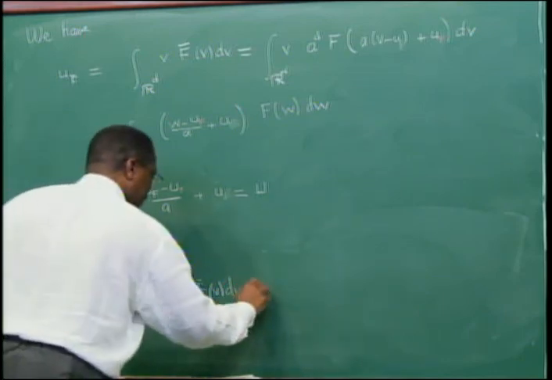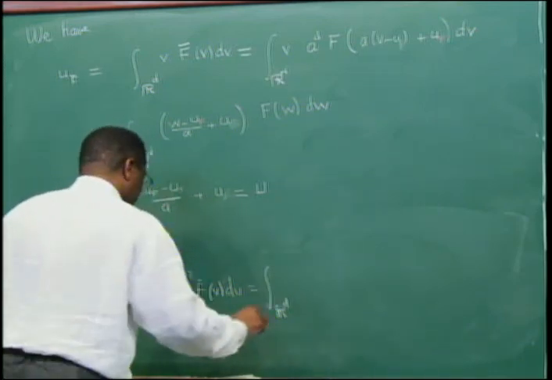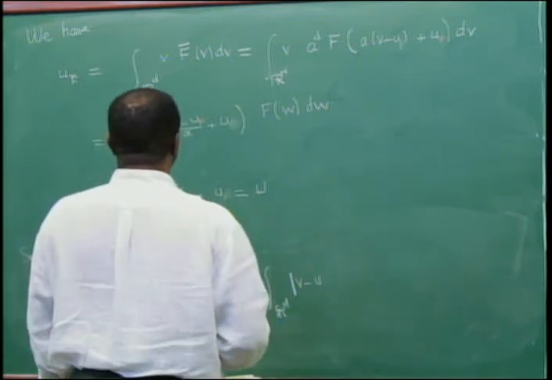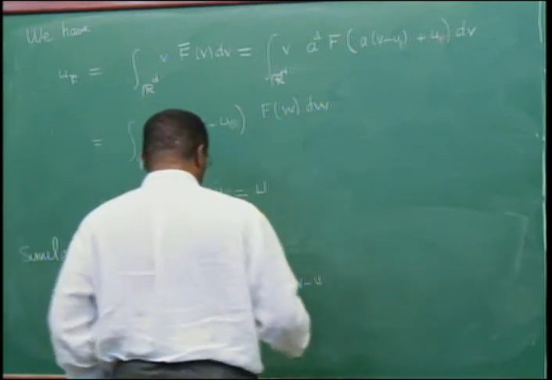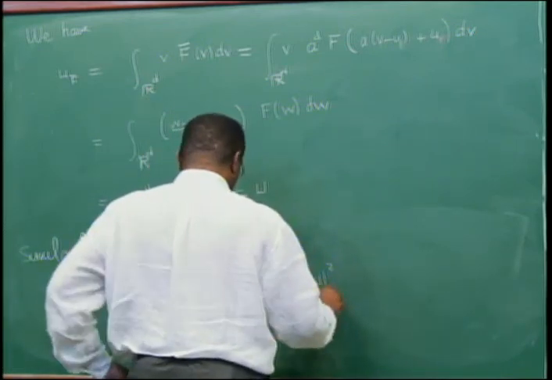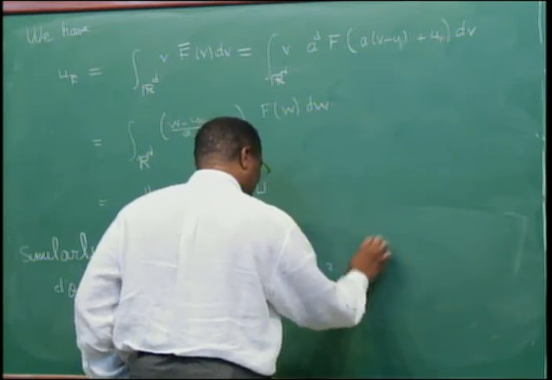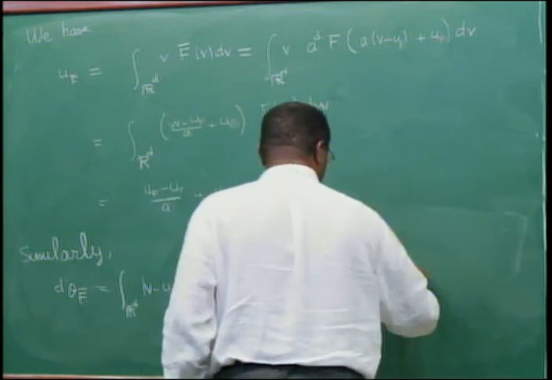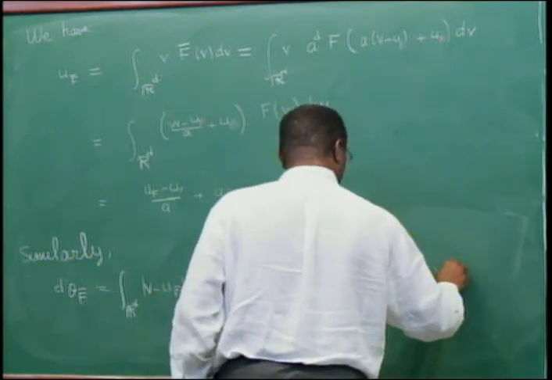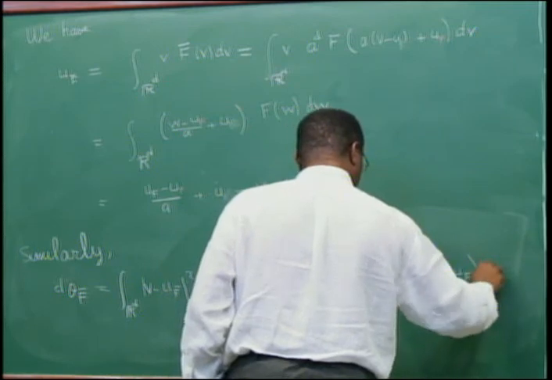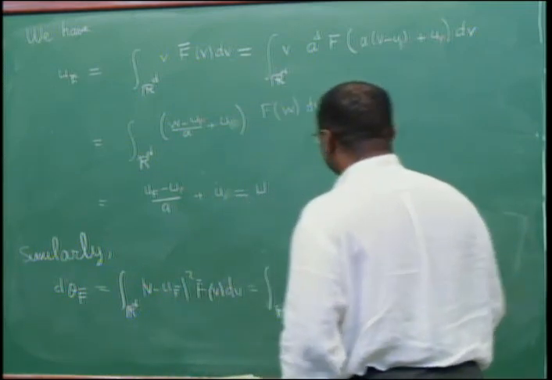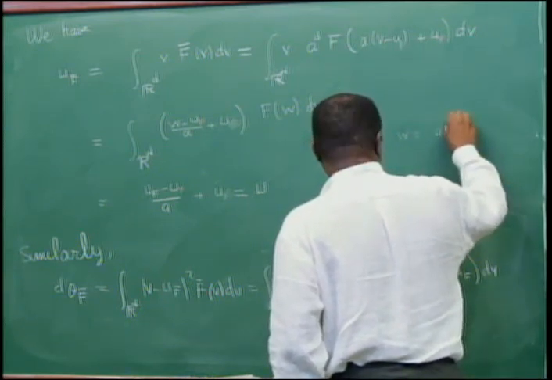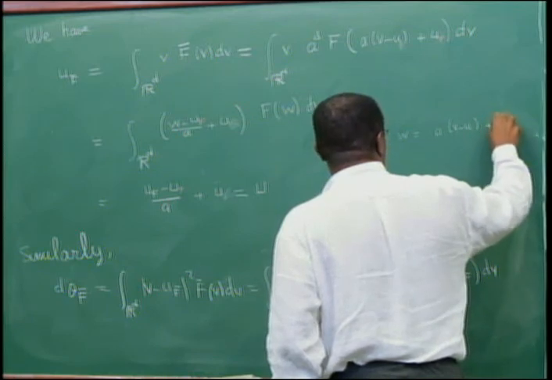That is the integral over R^d of v minus u_f̄, and u_f̄ is u, squared. f̄ is a to the power d f of a(v − u) plus u_f dv.